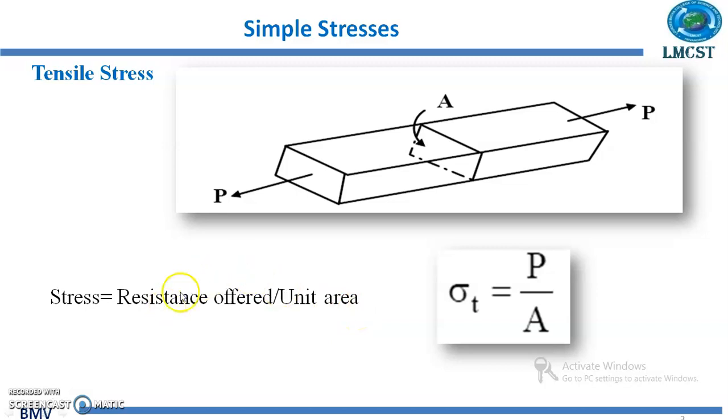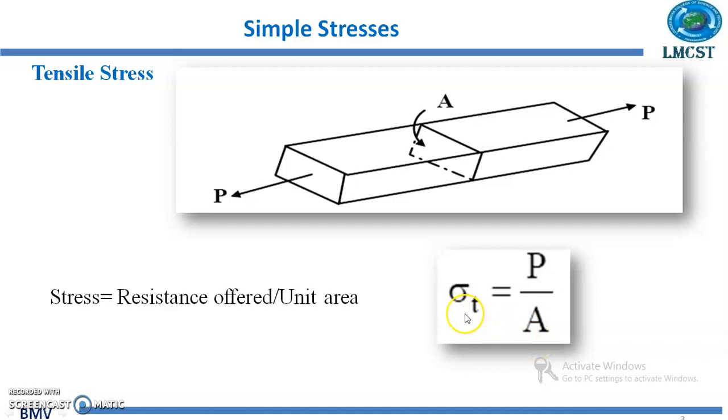When we apply a force, the same amount of resistance will be offered by the body. Then only the body will be in equilibrium. That means the resistance offered by the body is the same as the external force. So I can write the equation as stress is equal to external force P divided by area, that is, sigma is equal to P by area.